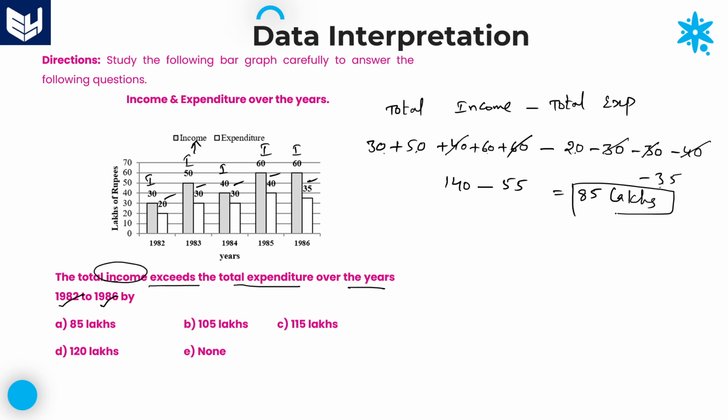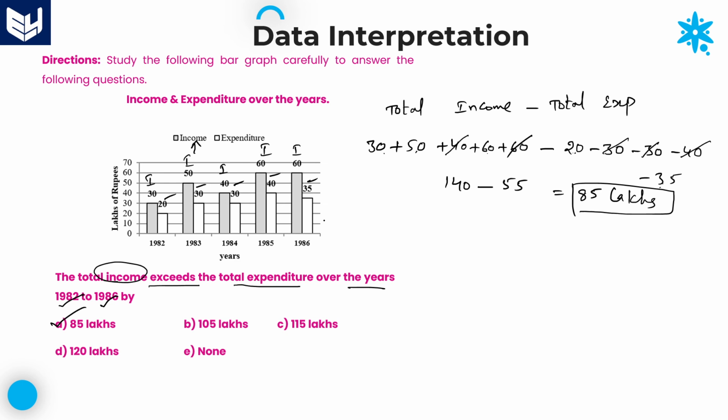That is our required answer. 85 lakhs is more for total income as compared with total expenditure. That is the difference between total income and total expenditure. Option A is the right answer for this question.